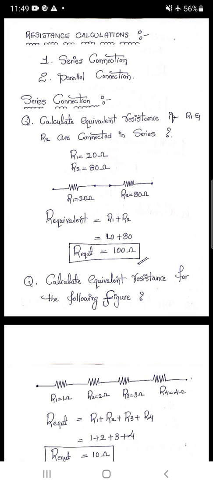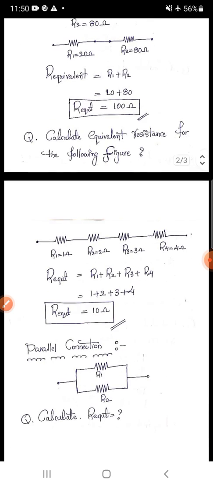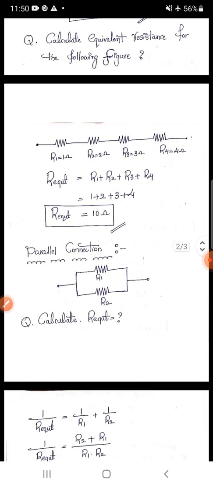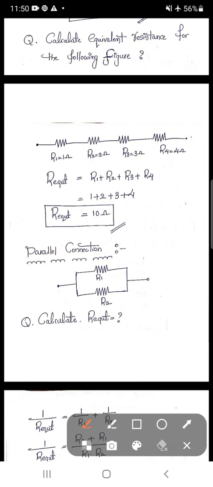It means that whenever two resistors are connected in series, to calculate the equivalent resistance, we can directly add the values of resistances. For example, we have another question here. Calculate the equivalent resistance for the following figure.